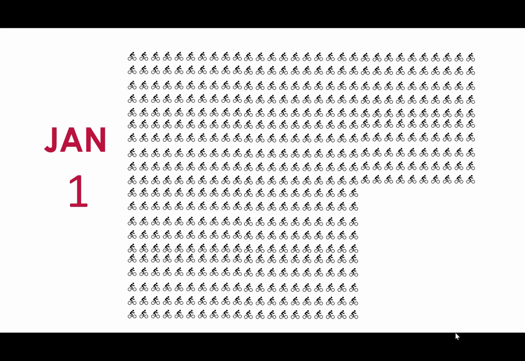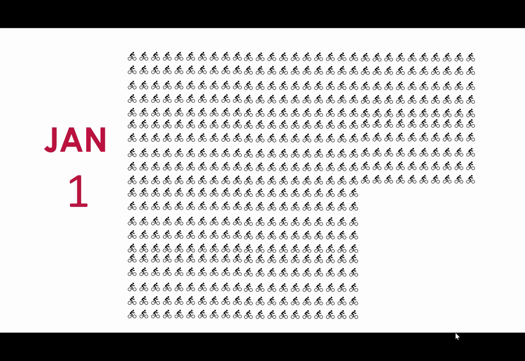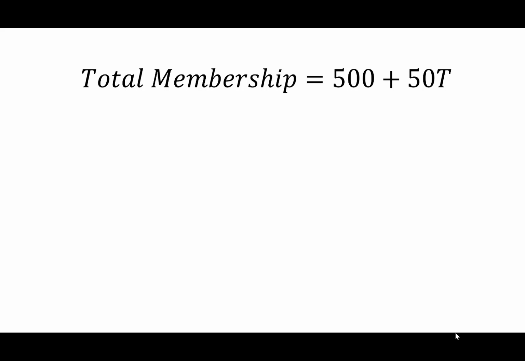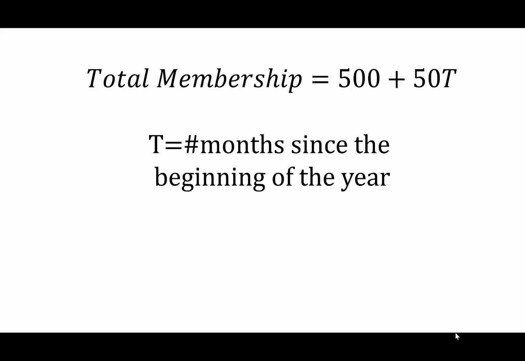So let's look at Jim's statement in a little more detail. On January 1st, they had 500 members. And what he's saying is that each month, membership is going to grow by 50. And so I can write this as an equation: total membership at any given point in time is 500 plus 50t, where t is the number of months since the beginning of the year.